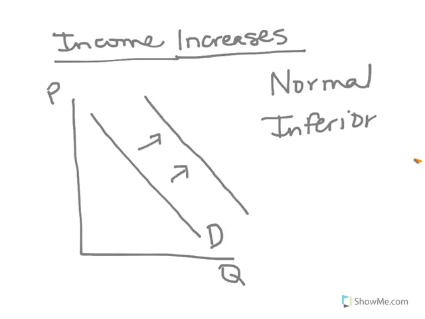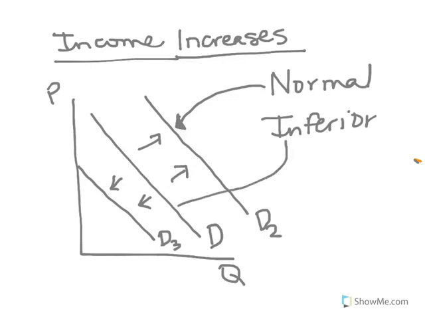So the demand curve would shift to the right like so, illustrating an increase in demand. So this represents normal goods and services. Whereas if your income increases and you actually decrease your demand for the good, so your demand curve actually shifts the other way, that means that the good was an inferior good.